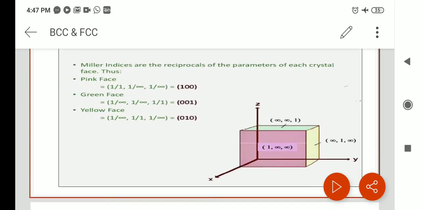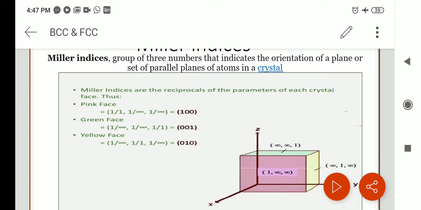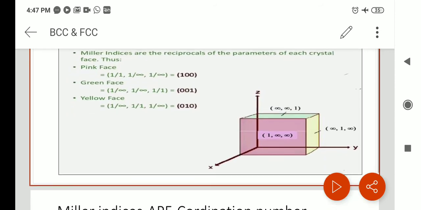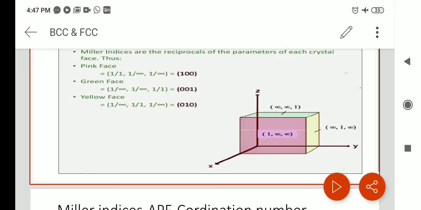We have another definition. Miller indices are the reciprocals of the parameters of each crystal phase. Let's see the crystal phases: we have pink, green, yellow.